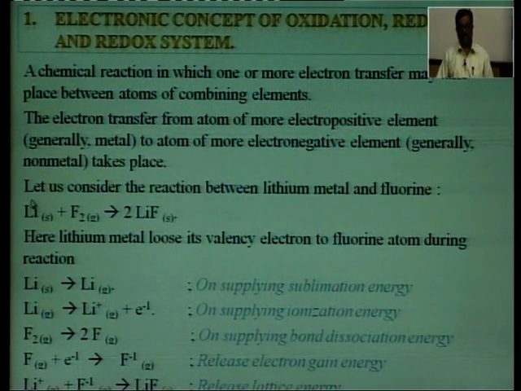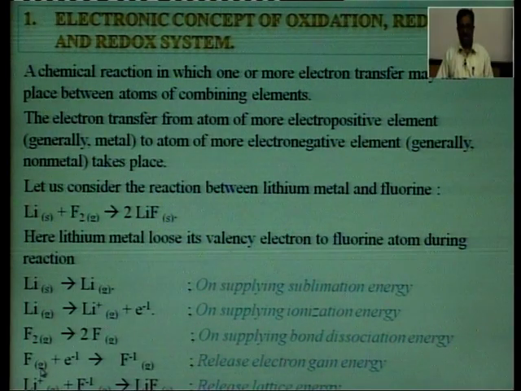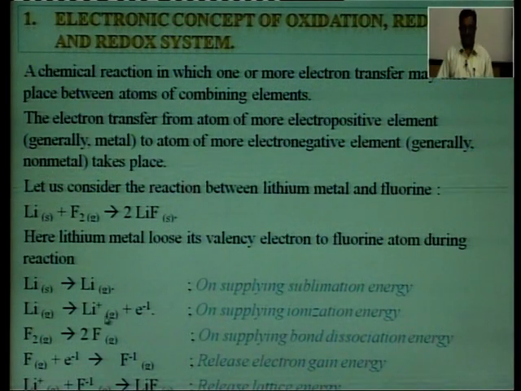Let us consider lithium solid combining with fluorine gas to form lithium fluoride. Though there are various steps involved in this, I am not going to take up everything, just let us focus your attention on this. Elemental lithium loses one electron and undergoes oxidation. On the other hand, fluorine in the form of gas, atomic fluorine, gains the electron that is being transferred from lithium to fluorine and it becomes fluoride.